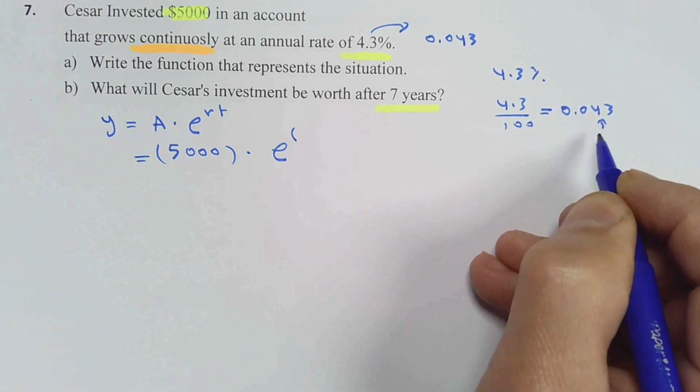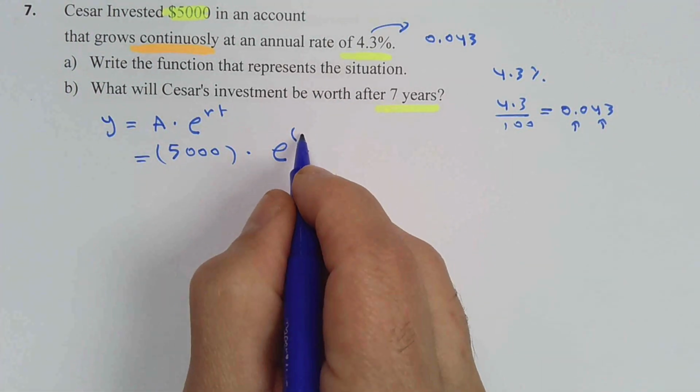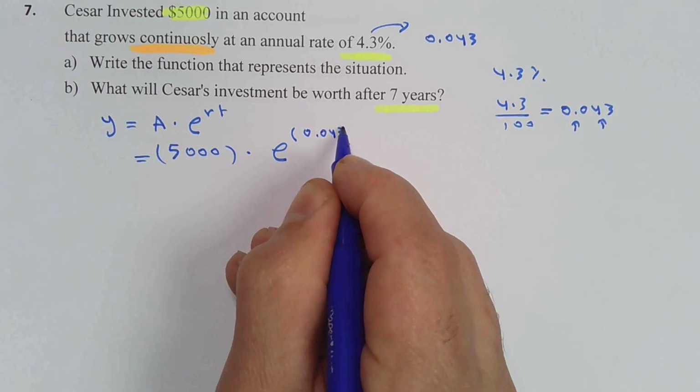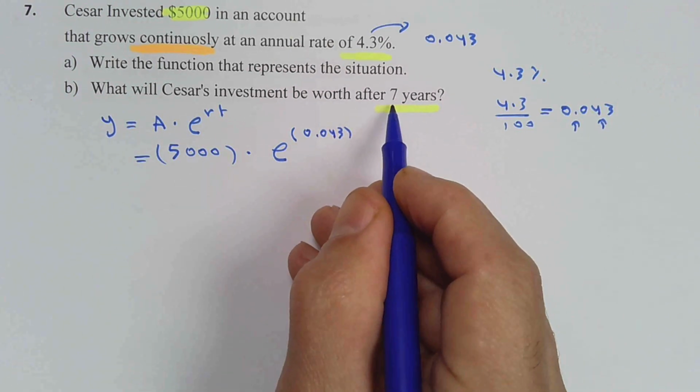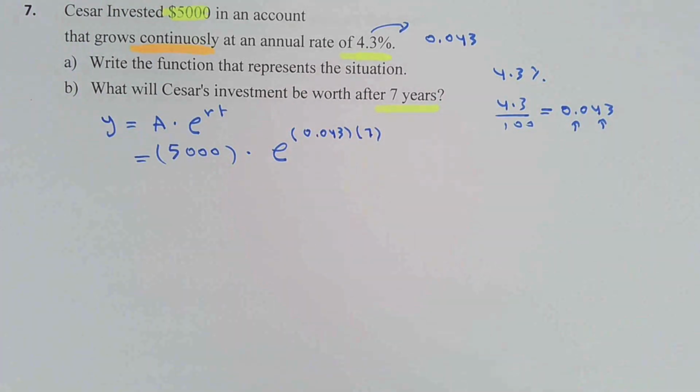It was here, now move to the left 2 places. So we need to write 0.043 multiplied by t, which is 7 years. That is t.